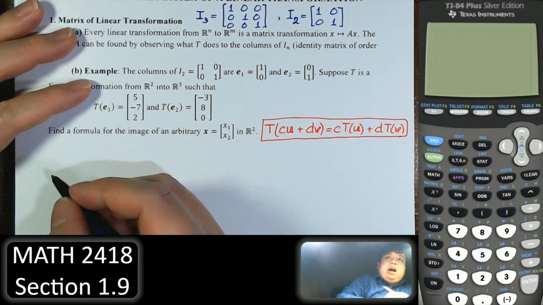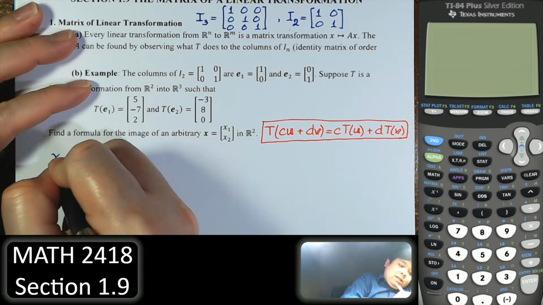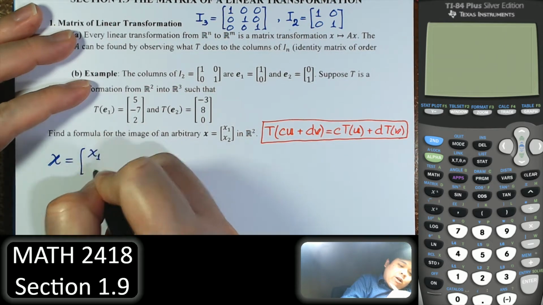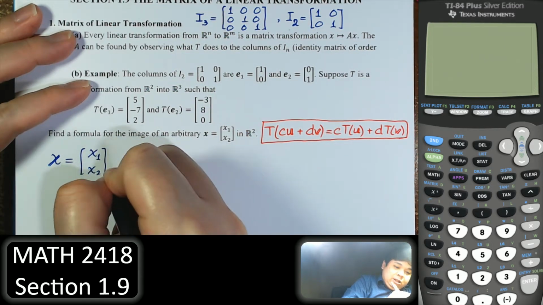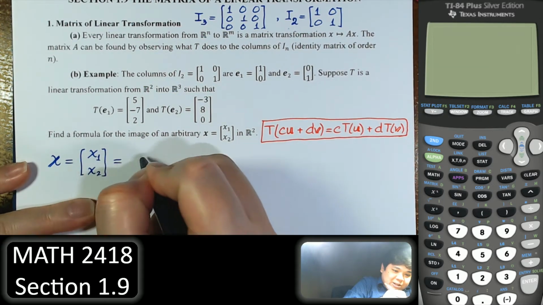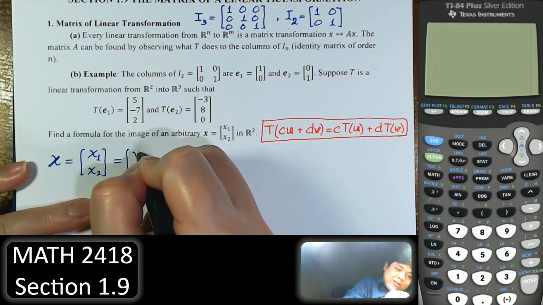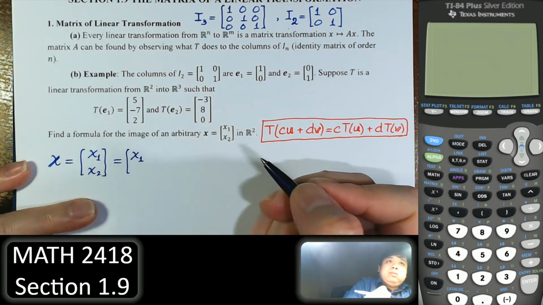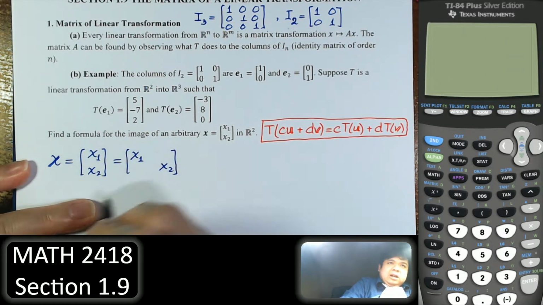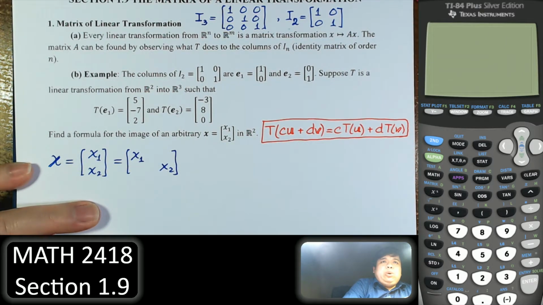Now first, we can rewrite x. The x has two components, x1 and x2. Now notice we can write it like this.